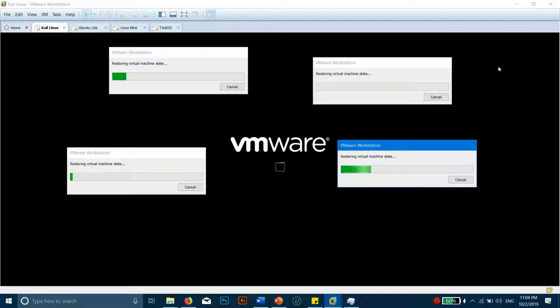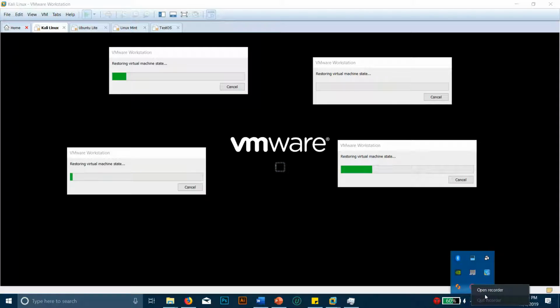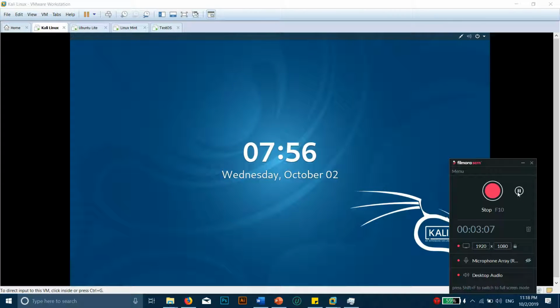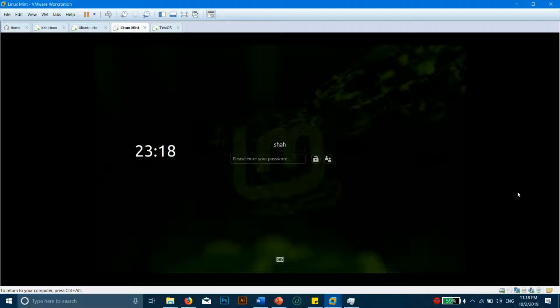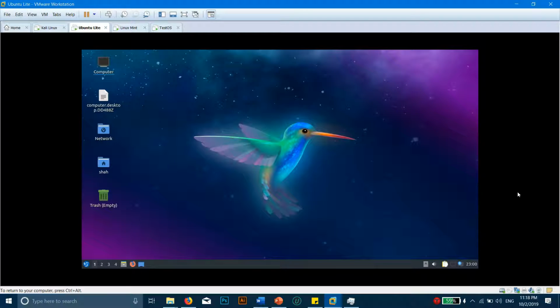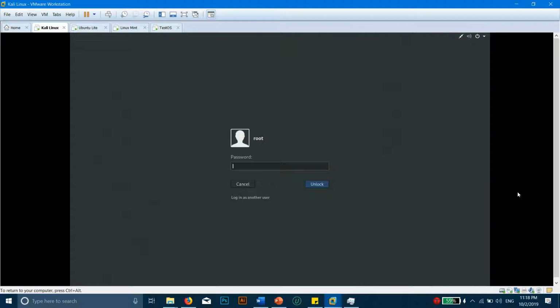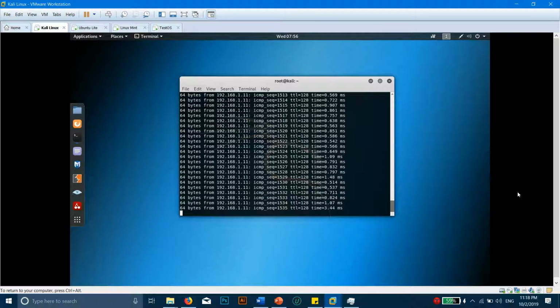So there are four of the OS right now: Ubuntu Lite, and also Kali Linux. Okay, so this is Kali Linux.